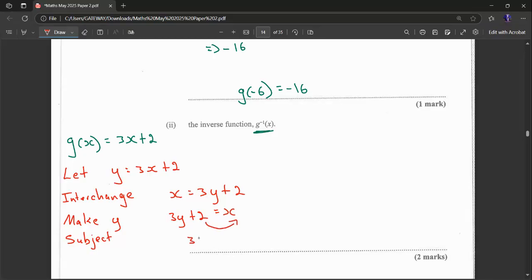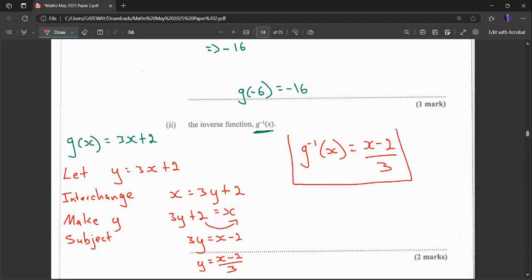I will have 3y is equal to x subtract 2. Therefore, y will be equal to x subtract 2 all over 3. And the last step now would just be to replace y with g inverse of x. So that will be equal to x minus 2 all over 3. And that is basically my answer there for g inverse of x.